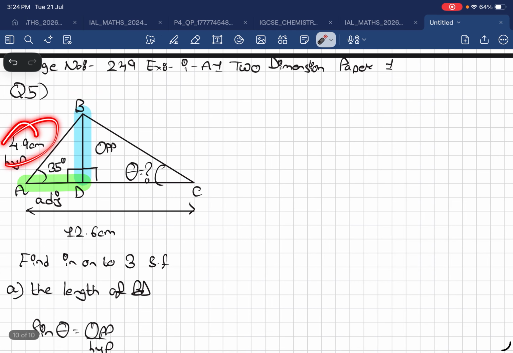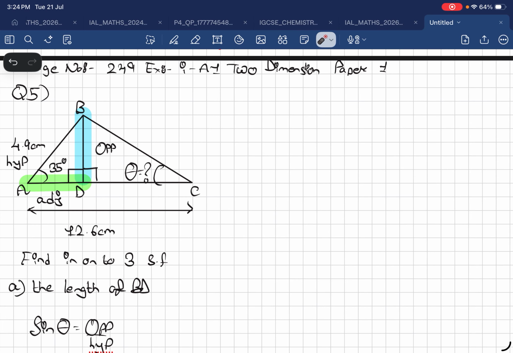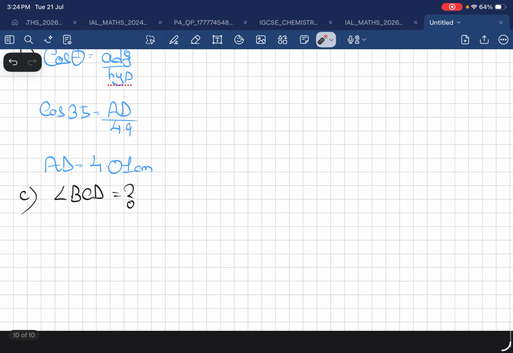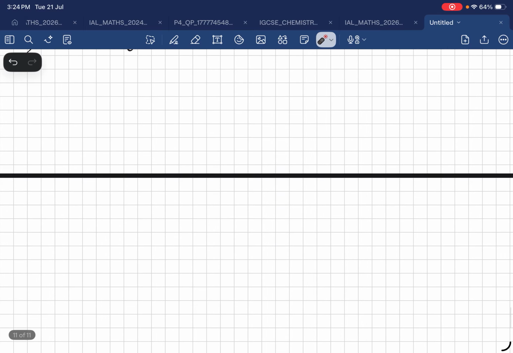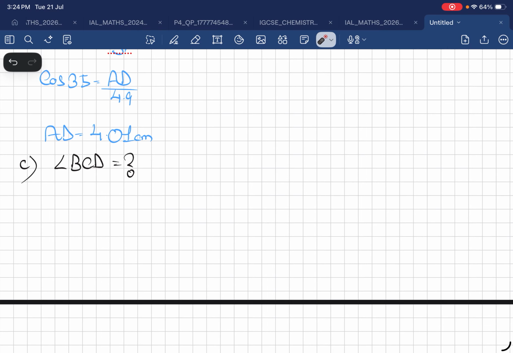We consider the angle and the side which were given in the question paper to make sure that we get a precise answer. Okay, I hope you guys understand. So in part C, they told us to find angle BCD. Let's proceed.